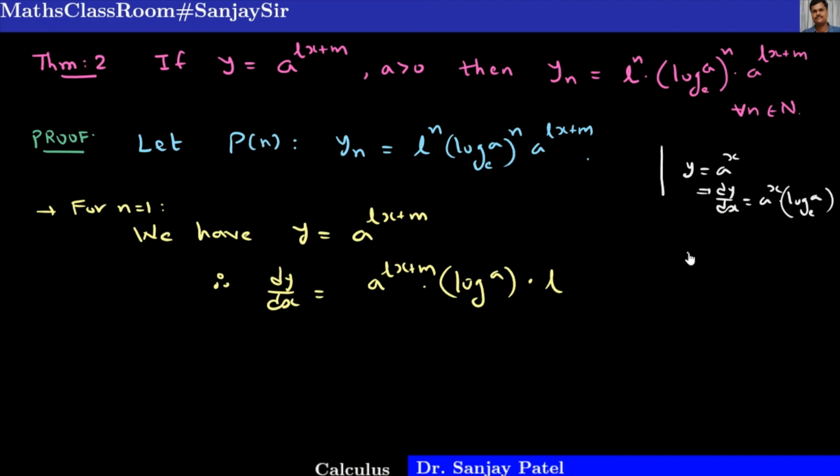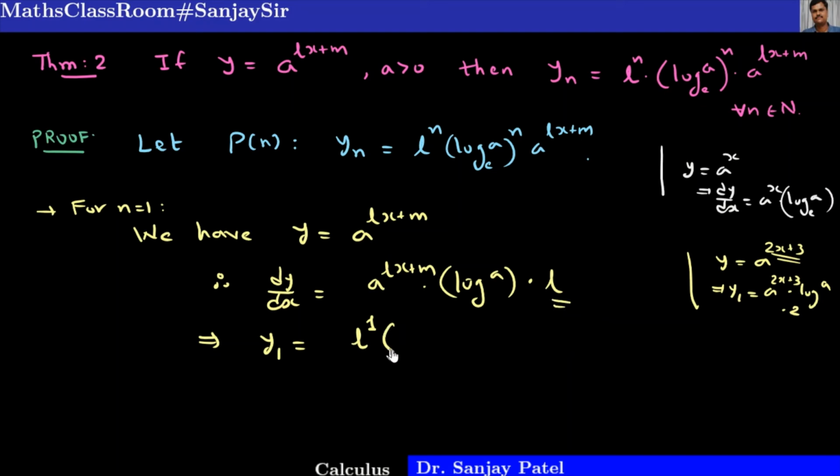For example, suppose we have y is equal to a raised to 2x plus 3, then we write y1 as a raised to 2x plus 3 into log a into the derivative of 2x plus 3, which is 2. Like that, we can write this as y1 is equal to L raised to 1 into log a to the base e raised to 1 into a raised to lx plus m.